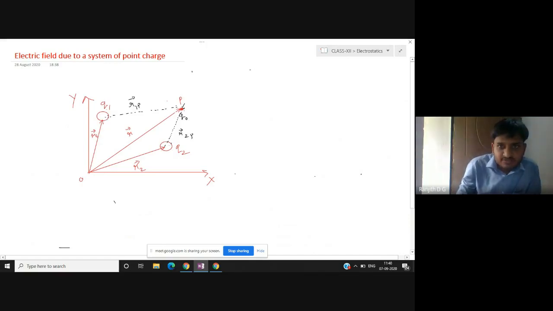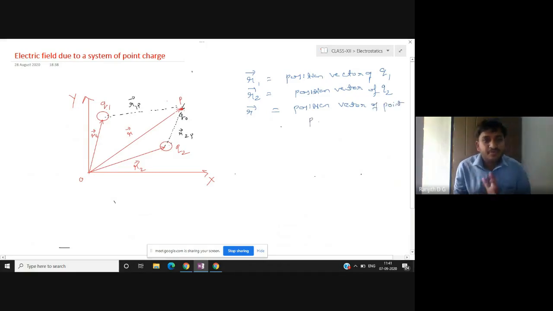The position vector R1, which I have written here, is the position vector of Q1, R2 vector is the position vector of Q2, and R vector is the position vector of point P. Observe this: I have Q1 and Q2 in the xy plane, and Q1 has a position vector R1, Q2 has a position vector R2.